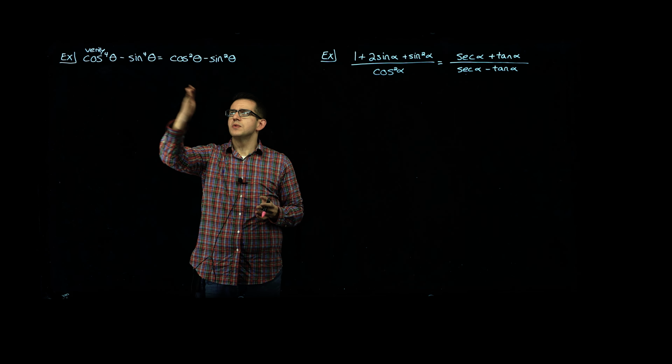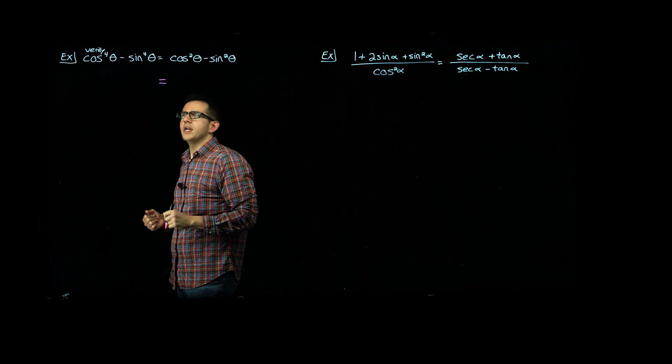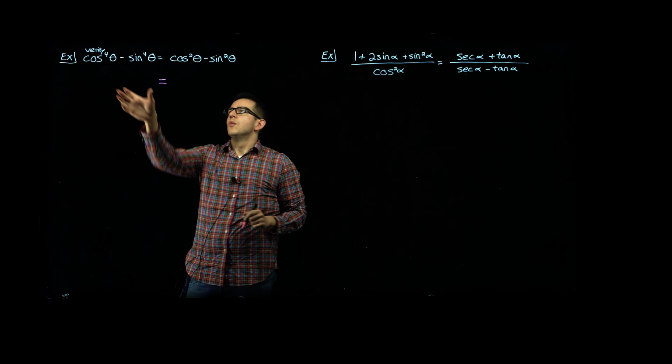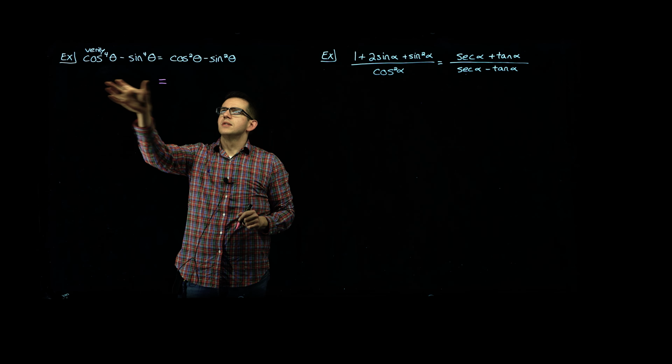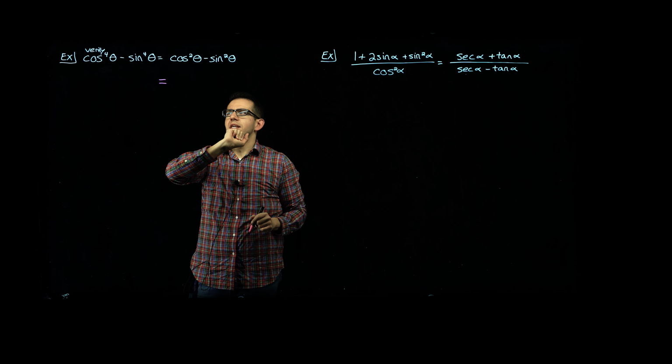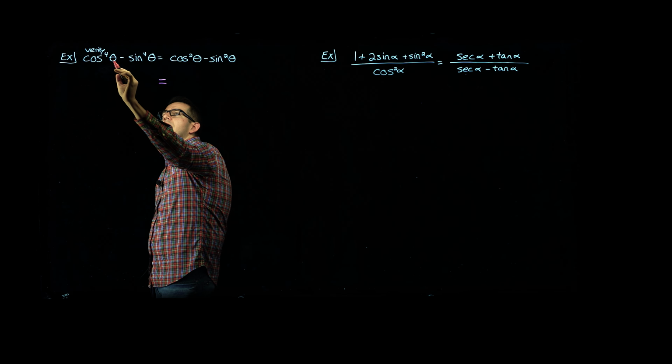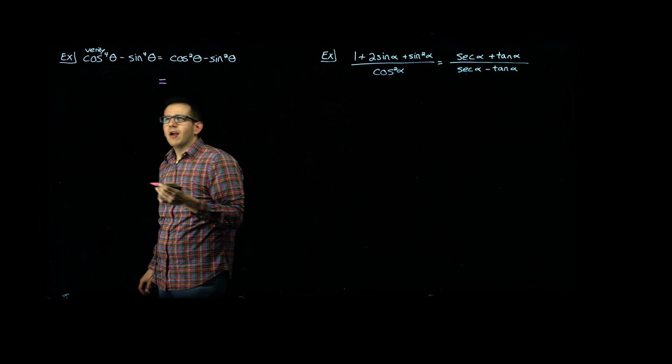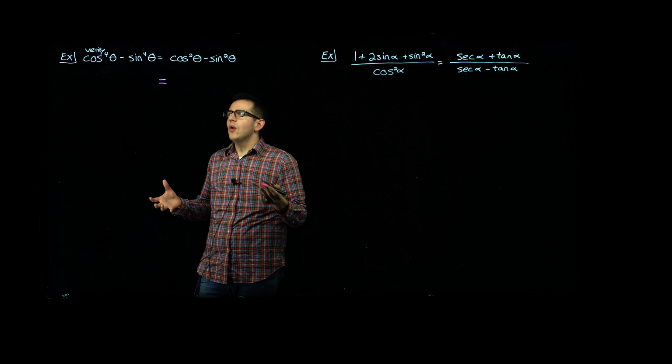So this side is going to be a little bit more complicated to work with. So using this side of the equation, we need to find a way to simplify it to what we have on the other. If we look at this, it's not very apparent right away what we can really do with this. But there is a little bit of a trick.